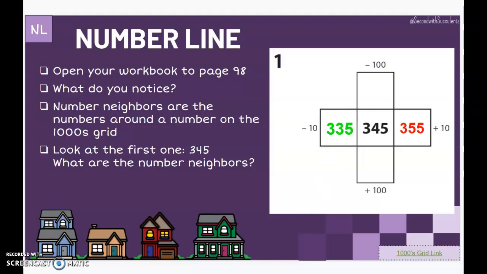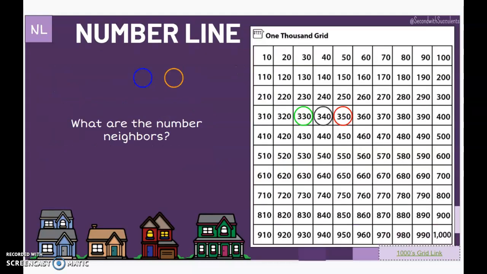How about our number neighbor that is 100 more than 345? Do you have an idea of what that number would be that you can put in your brain? Let's check. Now let's look at our thousands grid again. If we're at 340, we know that 100 more is 440.